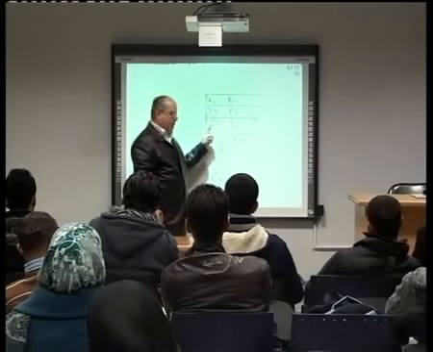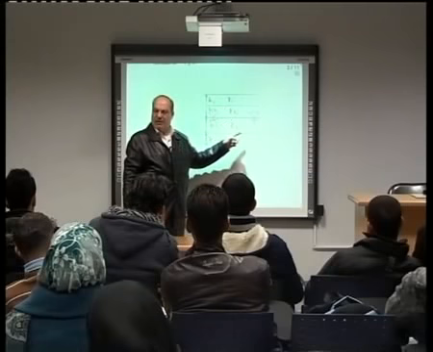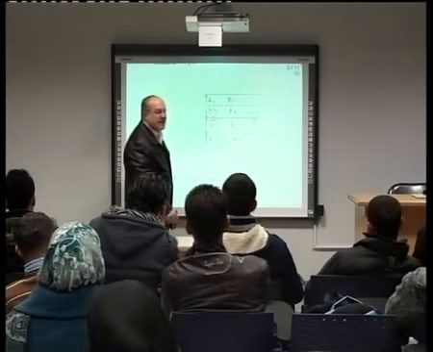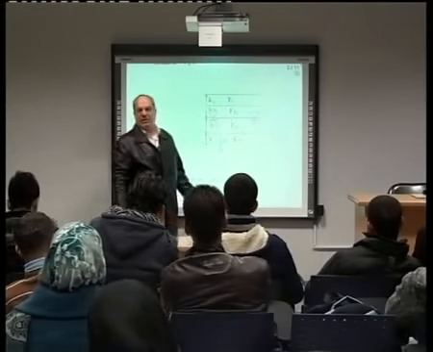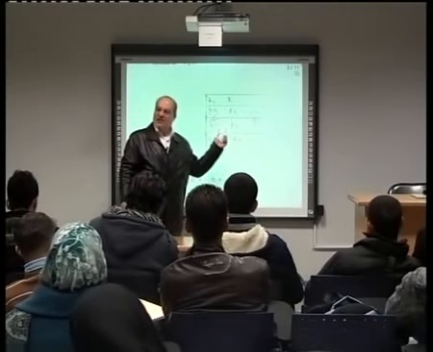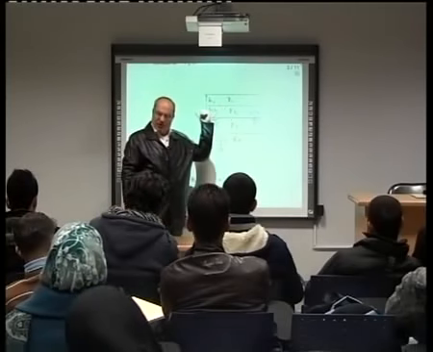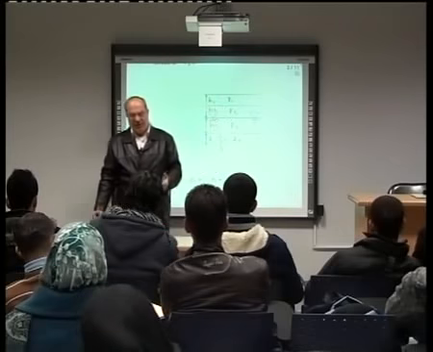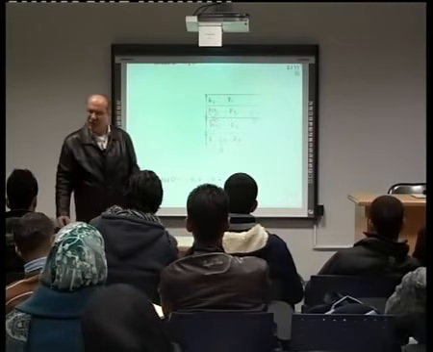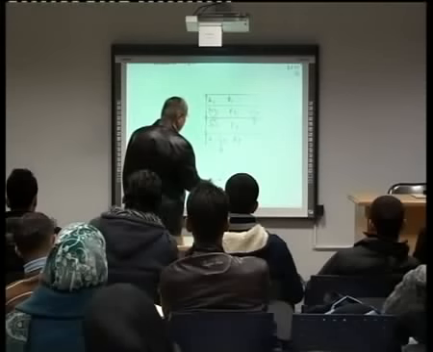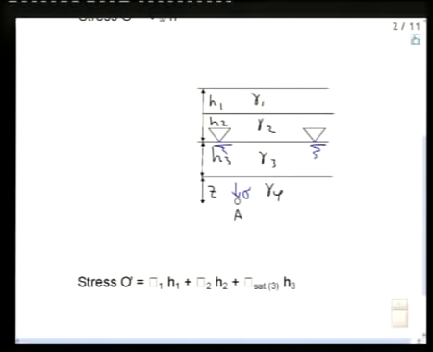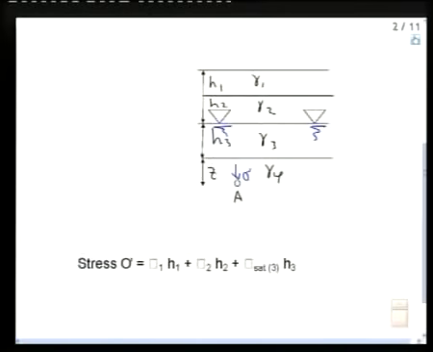Then H3 multiplied by gamma 3, but this gamma is gamma saturated, because this is not water. This is the soil plus water. That was water alone. Here we have soil plus water, then it's saturated soil. Then this must be gamma saturated. Then Z multiplied by gamma saturated 4.